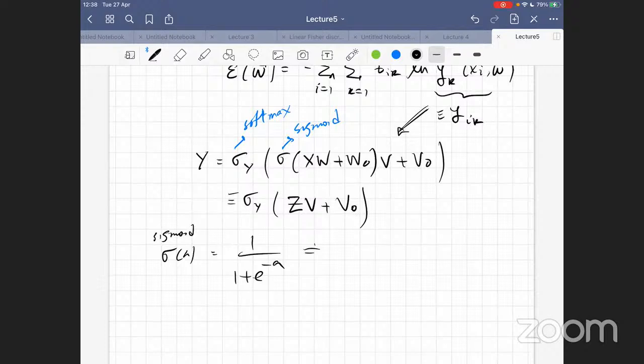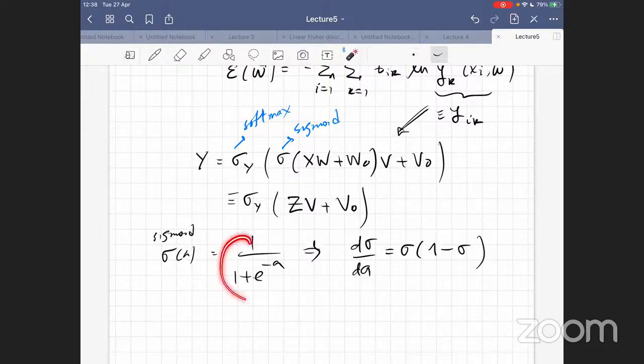So what I'm saying is that the sigmoid is very convenient because the derivative of the sigmoid with respect to the argument can be rewritten as sigmoid times 1 minus sigmoid. So when you use the derivative of this, you realize this. Okay.